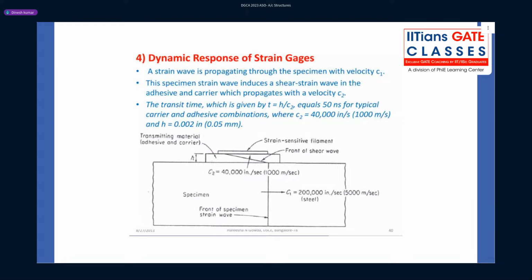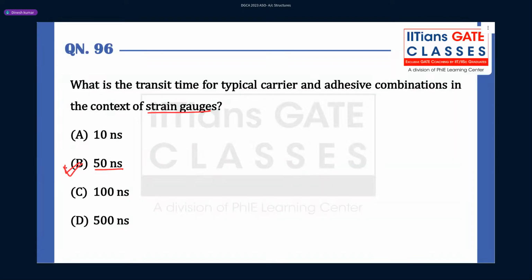You can see here the reference from a lecture provided by a professor from Dayanand Sagar Engineering College, Bangalore. His name is Gowda, currently I have forgotten his name. It says the transit time is given by T equal to H by C2 and equal to 50 nanosecond for typical carrier and adhesive combinations. So B is the correct answer.